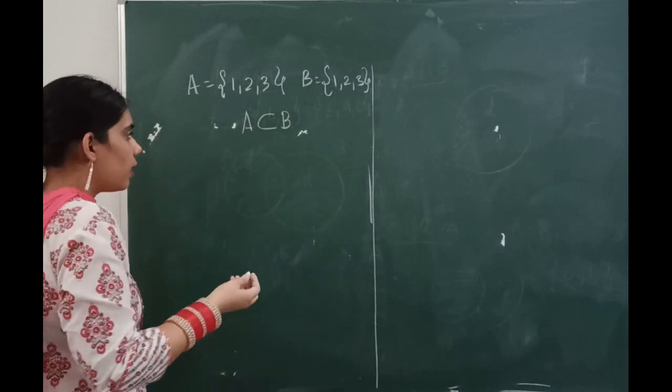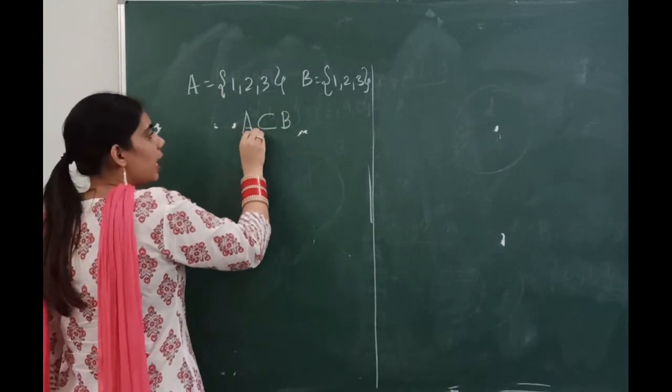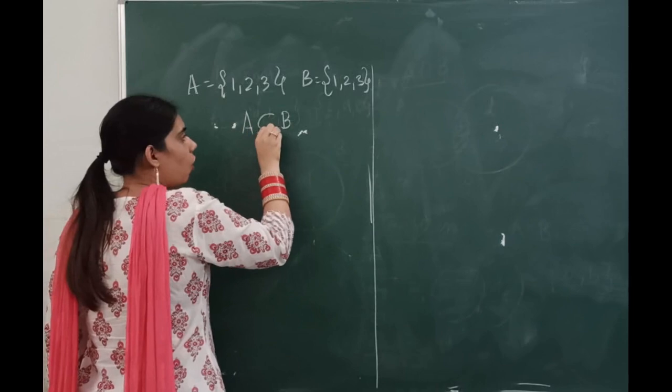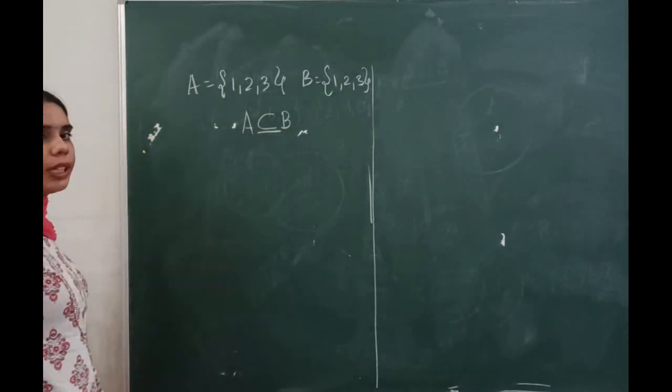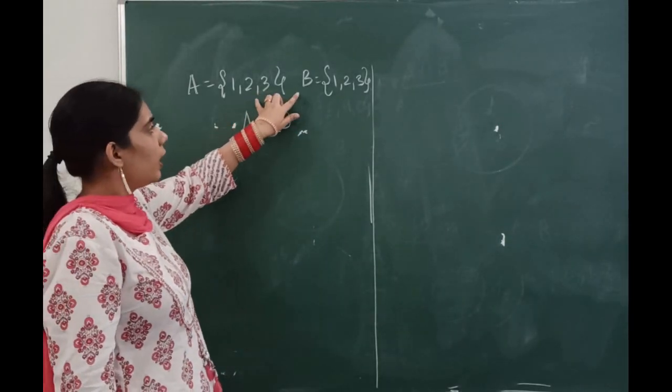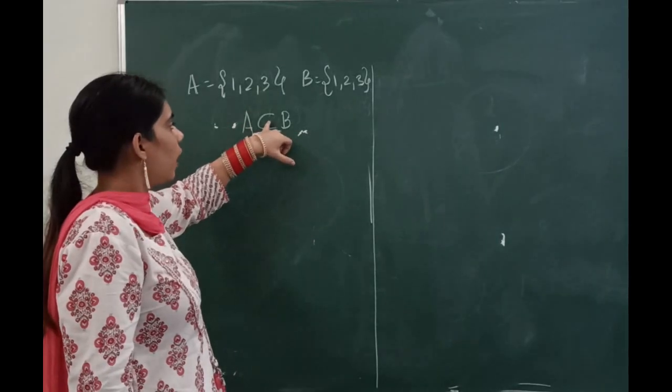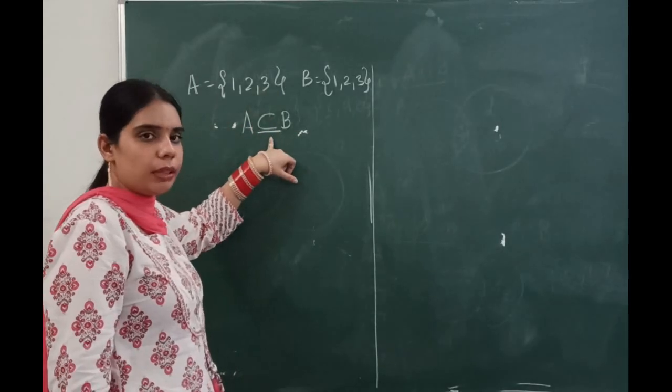So here's another concept. We can write it as A is contained in B or equal to B. Here we know that they are equal, therefore we have written contained or equal in B.